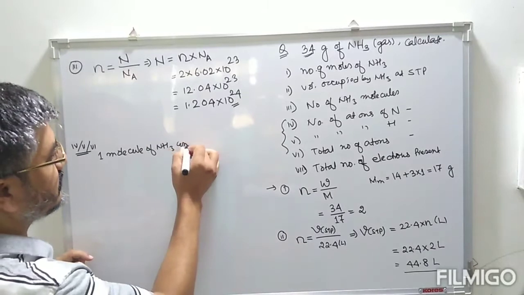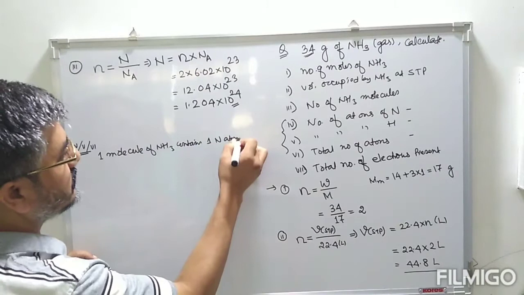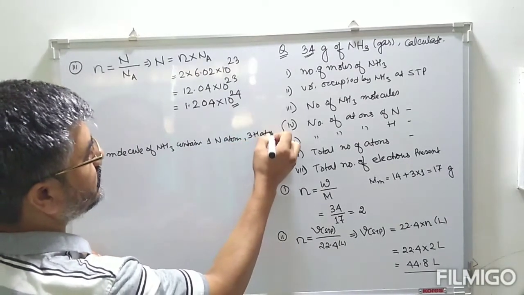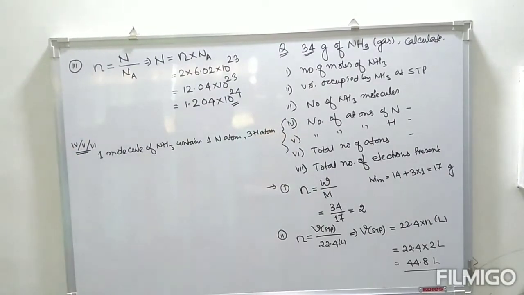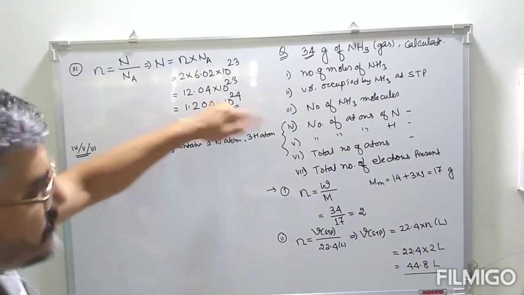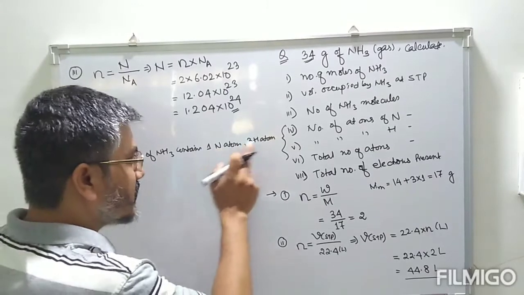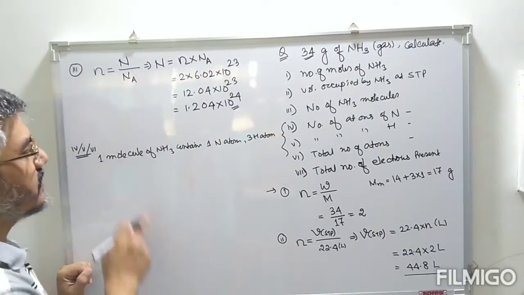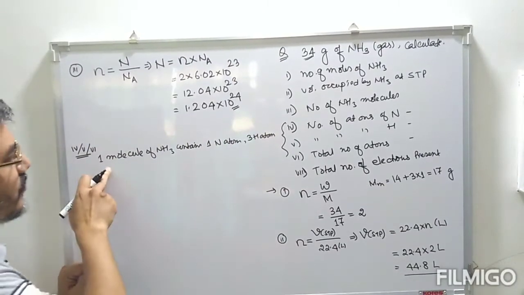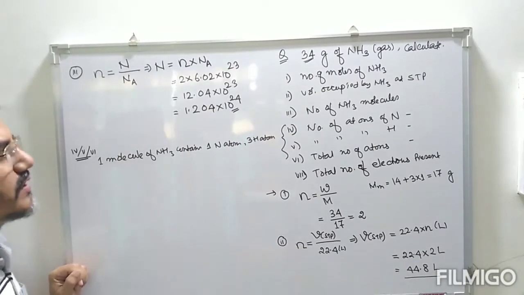One atom. One nitrogen atom, 3 hydrogen atoms. So a single molecule of ammonia contains one nitrogen atom and 3 hydrogen atoms. If one molecule contains one nitrogen and 3 hydrogen, then two molecules will contain 2 nitrogen and 6 hydrogen. 5 molecules will contain 5 nitrogen and 15 hydrogen atoms.